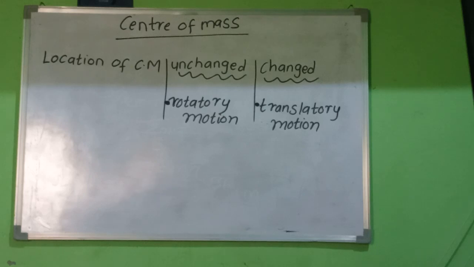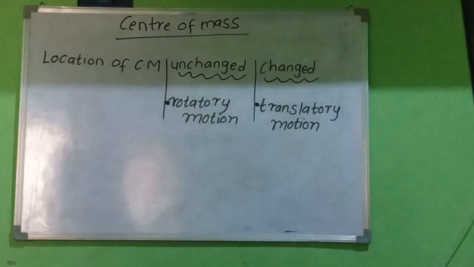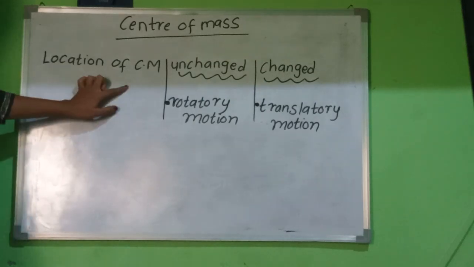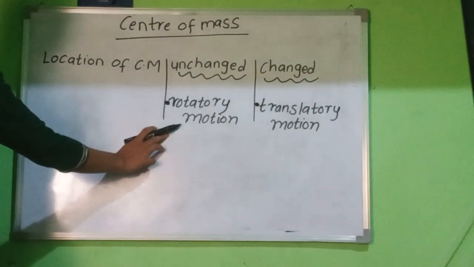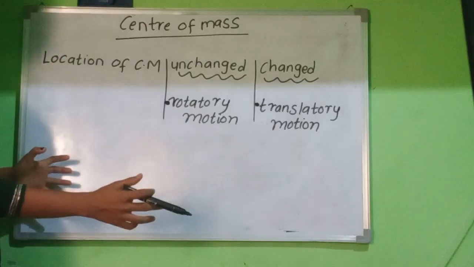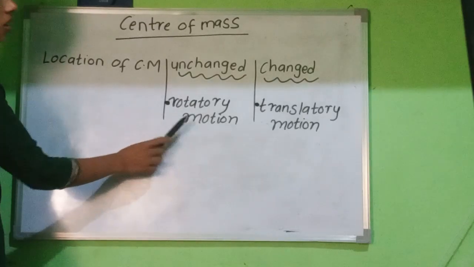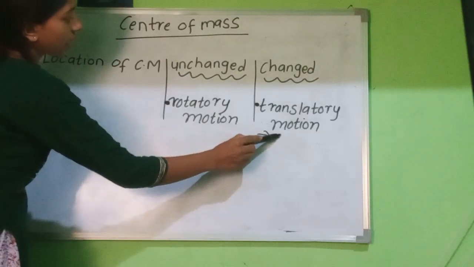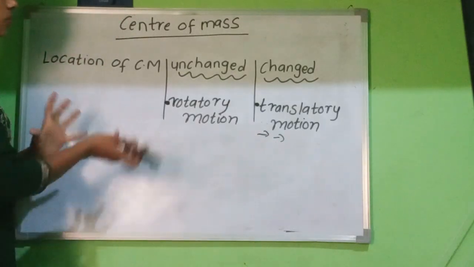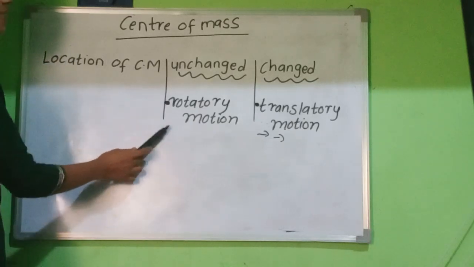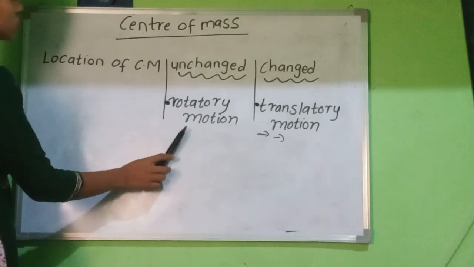Here, the location of the center of mass is very important. The location of the center of mass is unchanged in rotatory motion. First of all, we should know what rotatory motion and translatory motion are. Translatory motion refers to that kind of motion, and rotatory motion is the rotational motion. We'll discuss it in the next video.